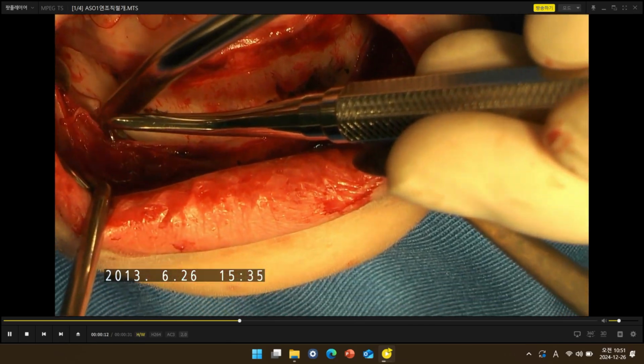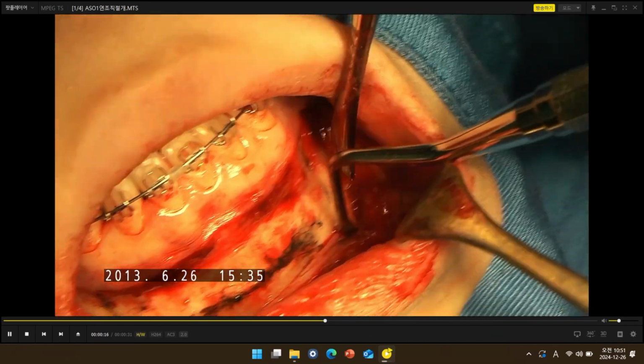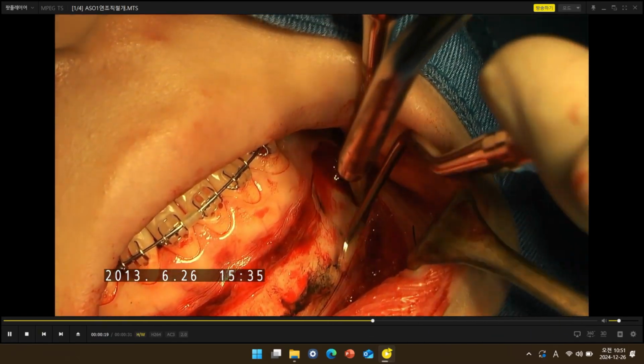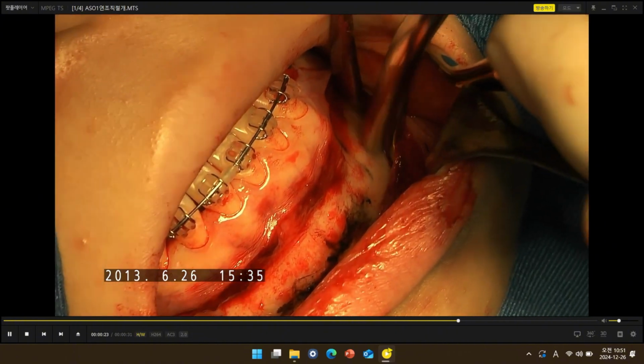Please check it carefully. At this moment, the control of bleeding is really important.